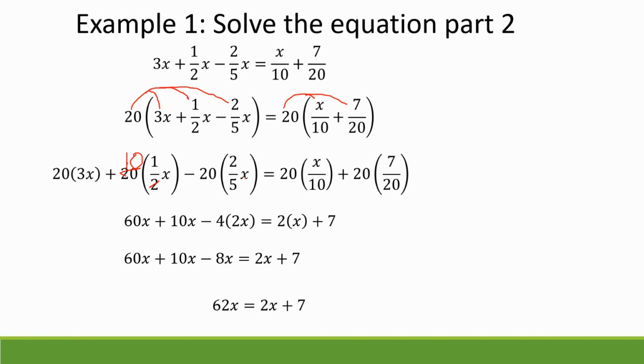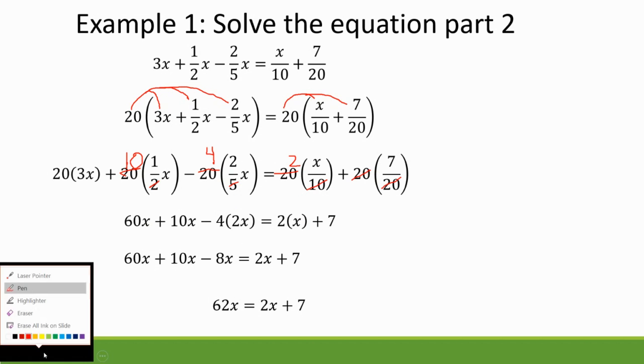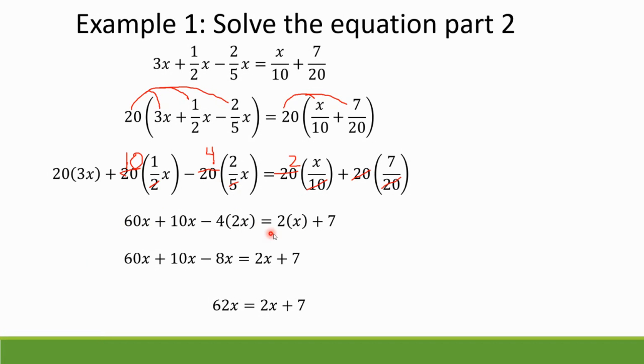Here, 2 over 5x times 20, the 5 is gone, the 20 becomes 4, and we get 4 times 2x. 20 times x over 10, 10 is gone, 20 becomes 2. Here, the 20s cancel, and we're left with 7. So that's how we get the equation here below it.